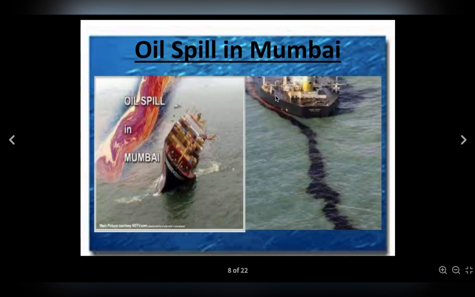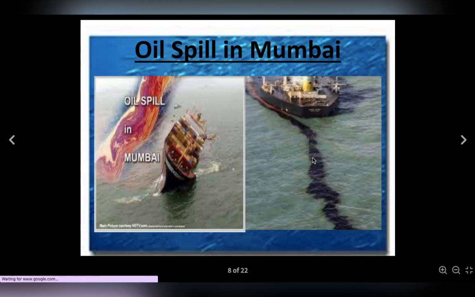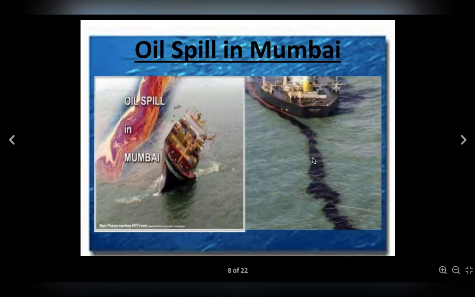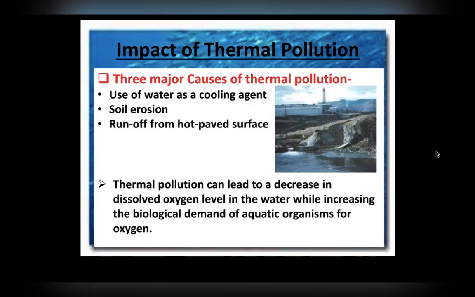Sometimes they can have leakage as they move in the ocean. Oil is spilled into the water that kills every other aquatic organism. So these oil companies should take responsibility for their actions, okay? And not only oil companies, many factories that pollute should take responsibility for their actions.